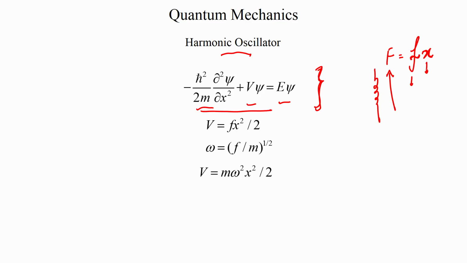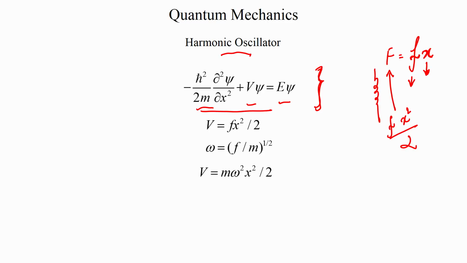So you can imagine a little spring, a quantum spring, that we are trying to describe here. That is the spring constant, and the potential energy stored in a spring is F x square by 2, that is half the spring constant into x square, where x is the displacement.